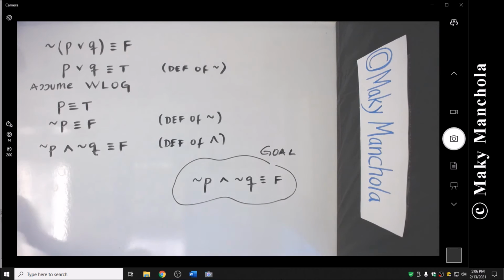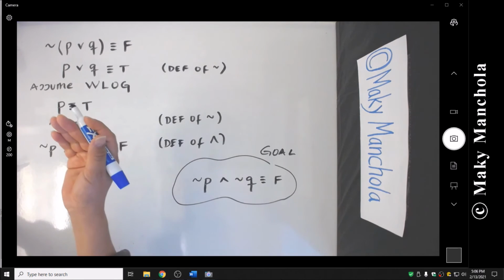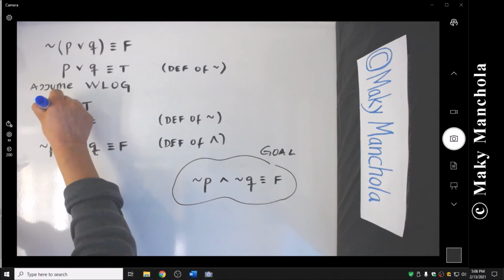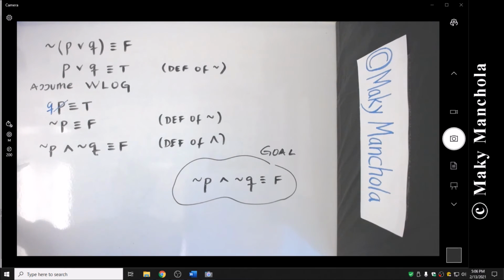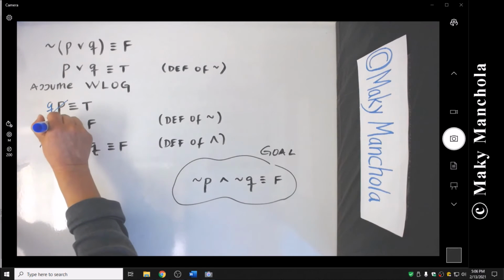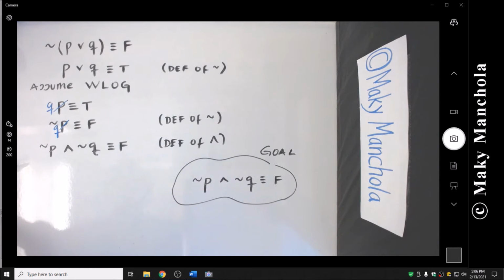Now, when I said assume without loss of generality that P is true, you might be wondering, but what about Q? Well, if I had done the same thing with Q, the same argument will end up working, because all you do is reverse the role.